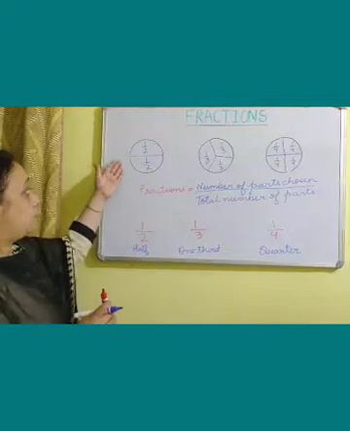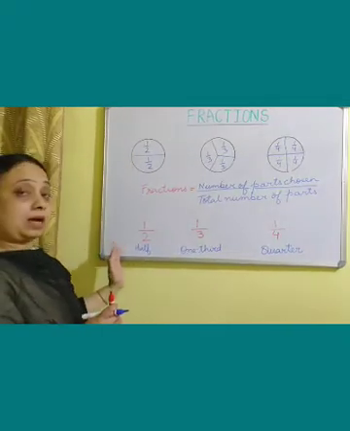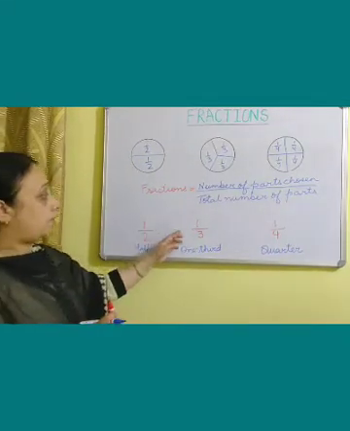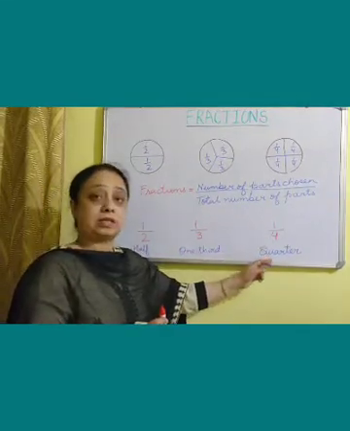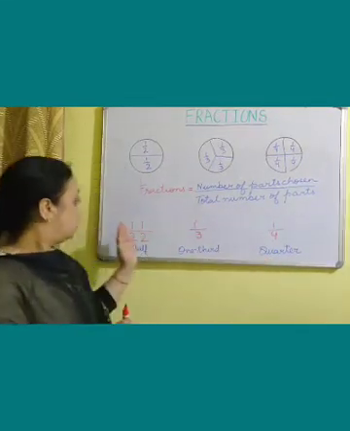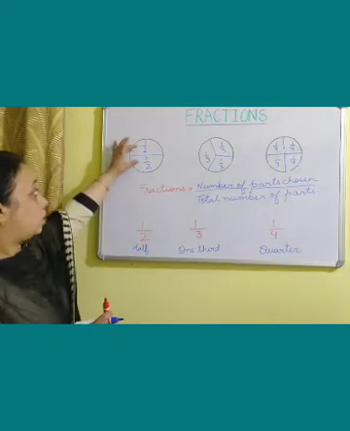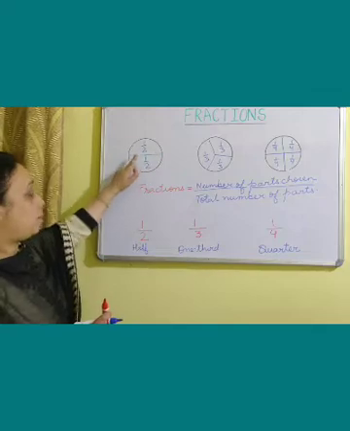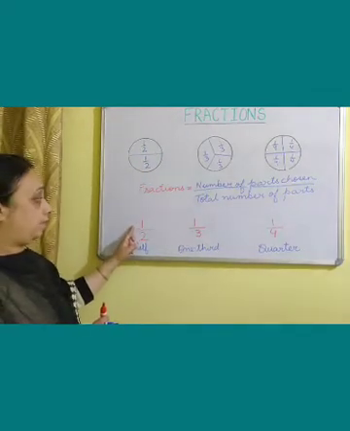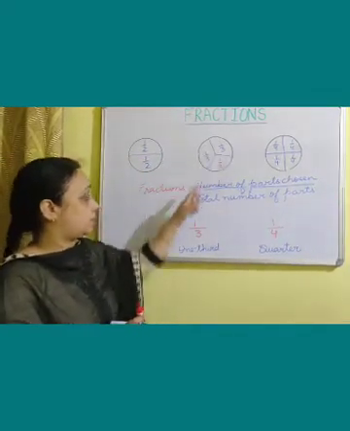So half, 1/2 is half. 1/3 is one third and 1/4 is quarter. Here the total number of parts is 2 and if we choose one part we will write 1 here. Here the total number of parts is 3.